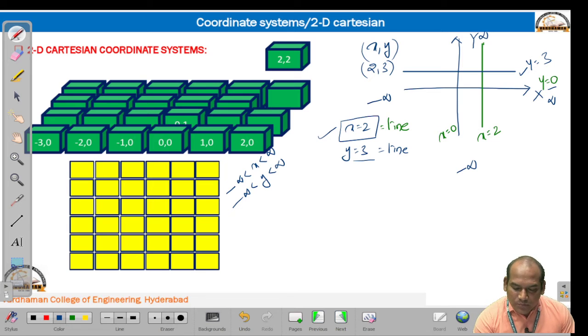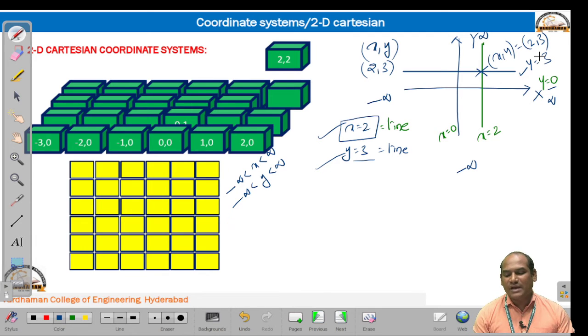Now, if I give both values x is equal to 2 and y is equal to 3, then you will draw one vertical line representing x is equal to 2, and a horizontal line representing y is equal to 3, and those two lines intersect at one particular point. That point is your (x, y), that point is your (2, 3).